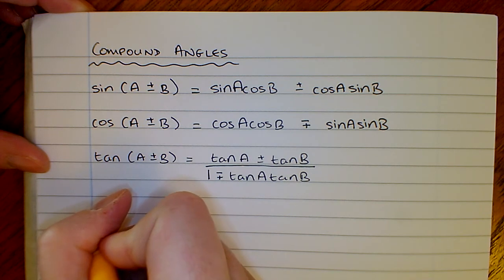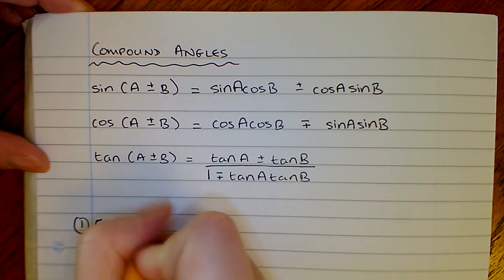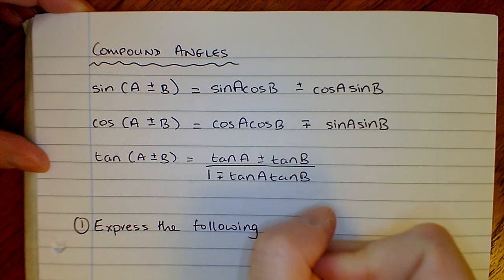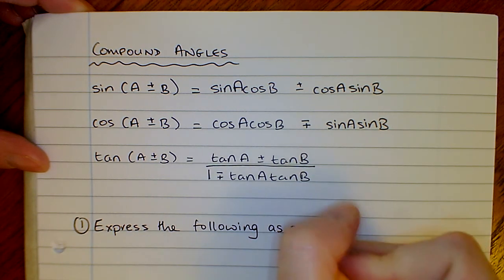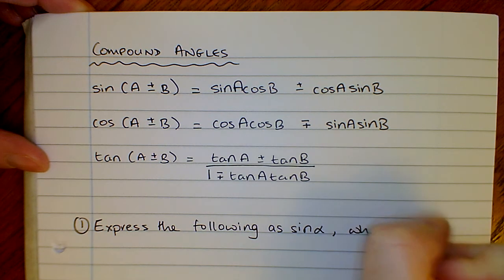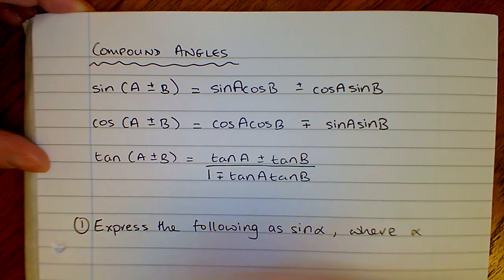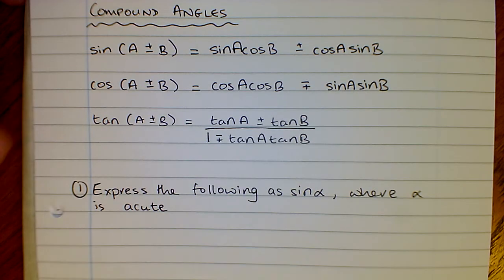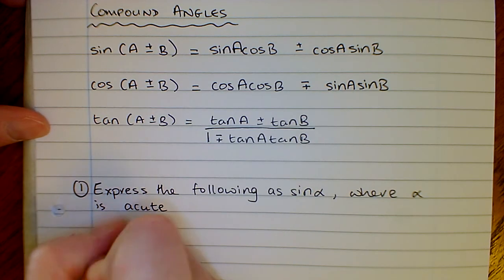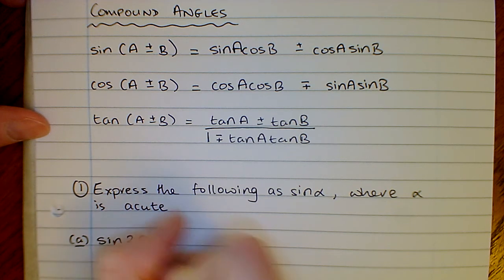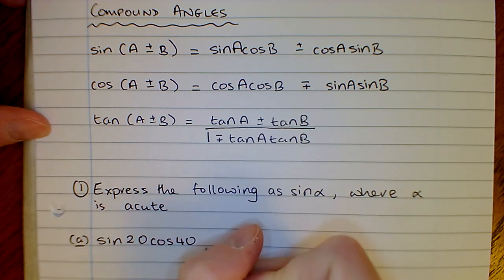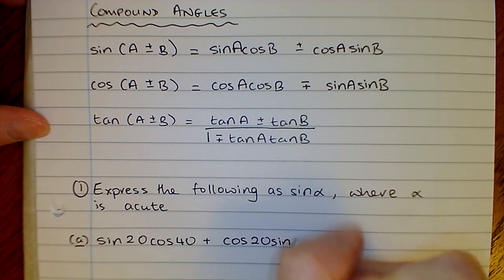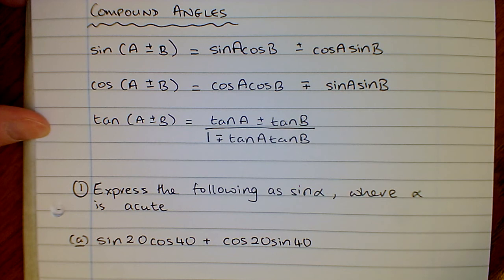So our first one, express the following as sine alpha, where alpha is acute. So our first one then is sine 20 cos 40 plus cos 20 sine 40.